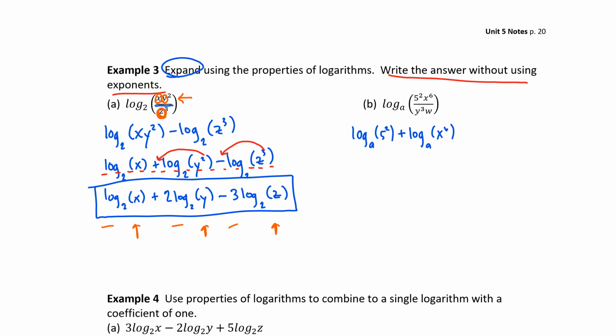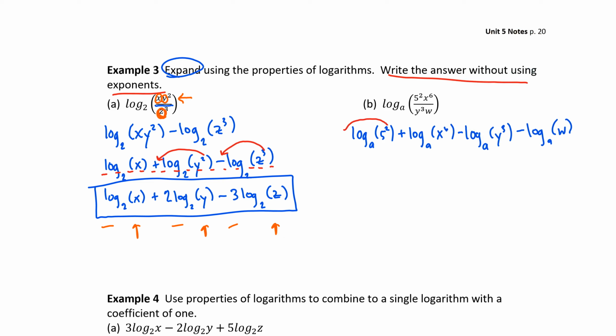So notice each factor from the numerator got a positive logarithm. Now, each factor in the denominator is going to get a negative logarithm. So we have minus log base A of y cubed minus log base A of w. Now, the only thing we have to do is move the exponents.